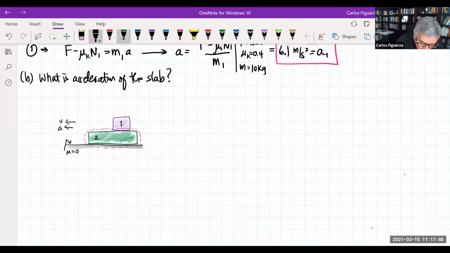Well, we know that M2 has to have weight. And then there's the ground here. So when I'm thinking about the ground, there's the normal of the ground acting on this thing. But what about block 1? It's very common for people to come in and say, that's the weight.